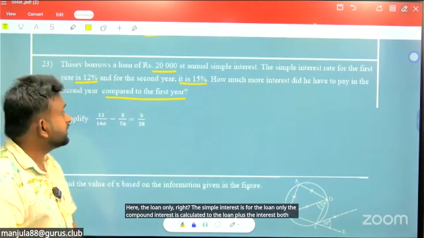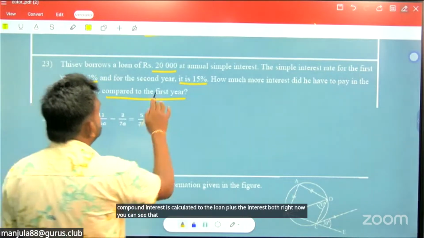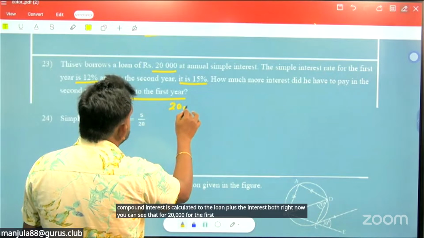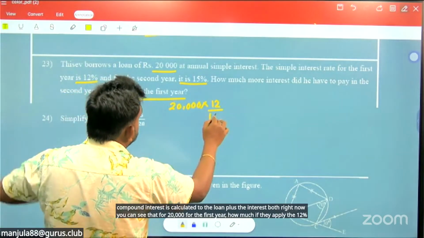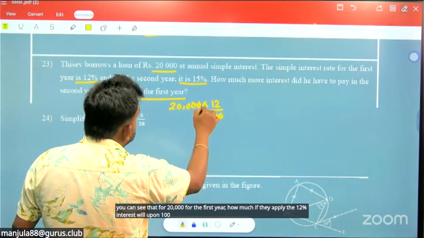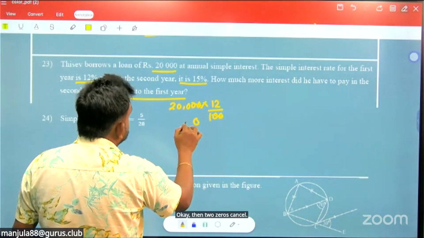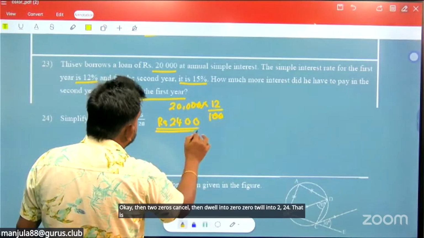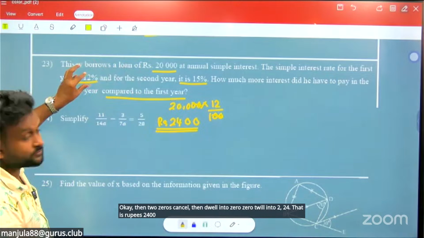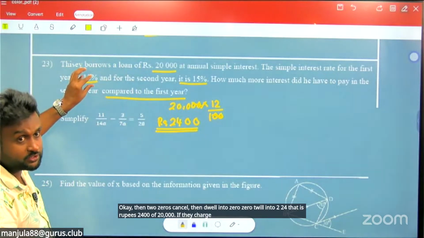Right. Now you can see for 20,000 for the first year, if they apply 12% interest, 12 upon 100. Then two zeros cancel, 12 into 2 is 24. That is rupees 2,400 of 20,000 if they charge 12%. That's the interest.